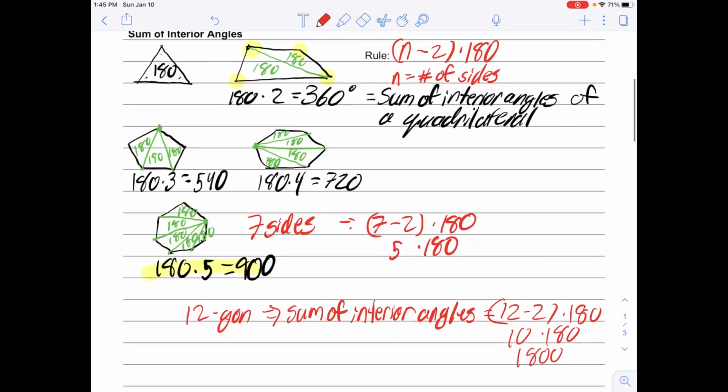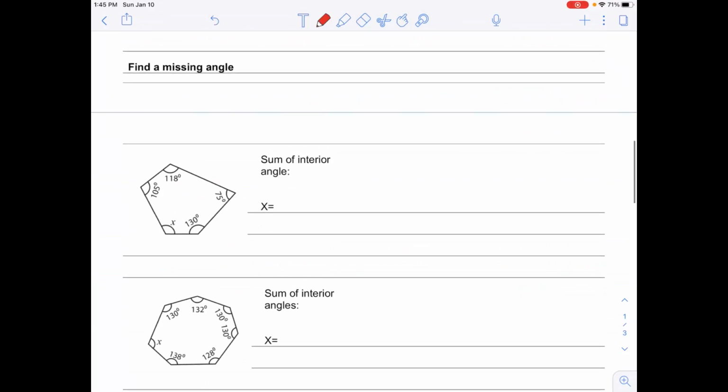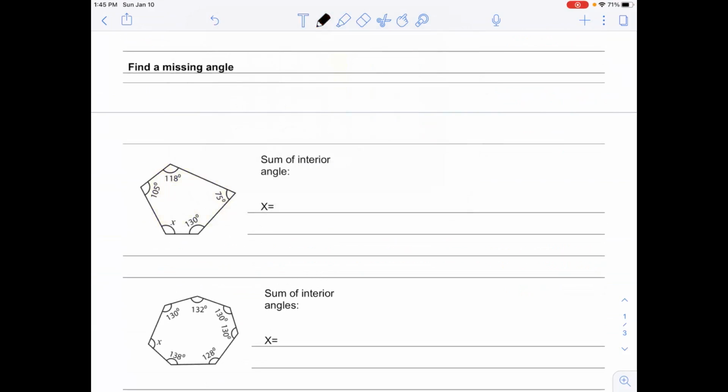Now, the reason we care about that is that it's going to let us solve problems. So let's say we were looking at this shape right here. If we wanted to find the sum of interior angles, the first thing I want to know is how many sides this has, which is 1, 2, 3, 4, 5. So this has 5 sides.